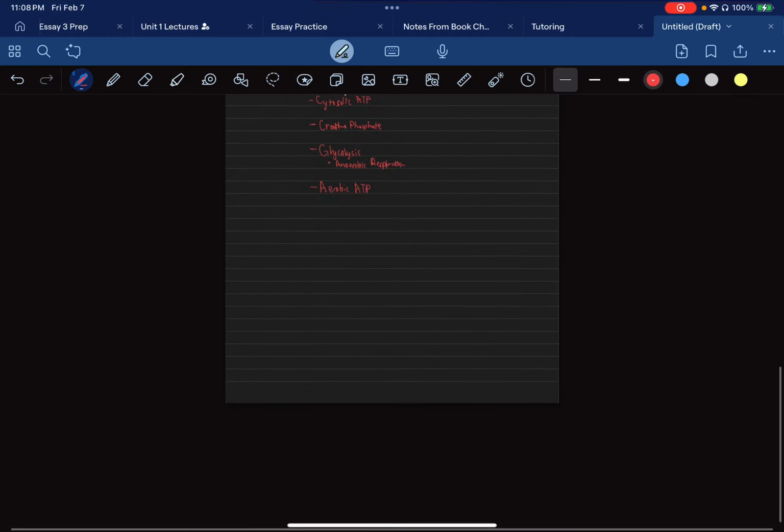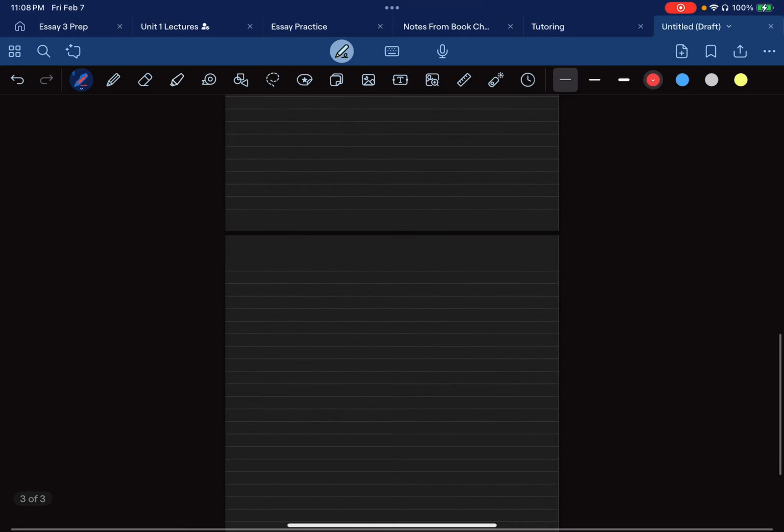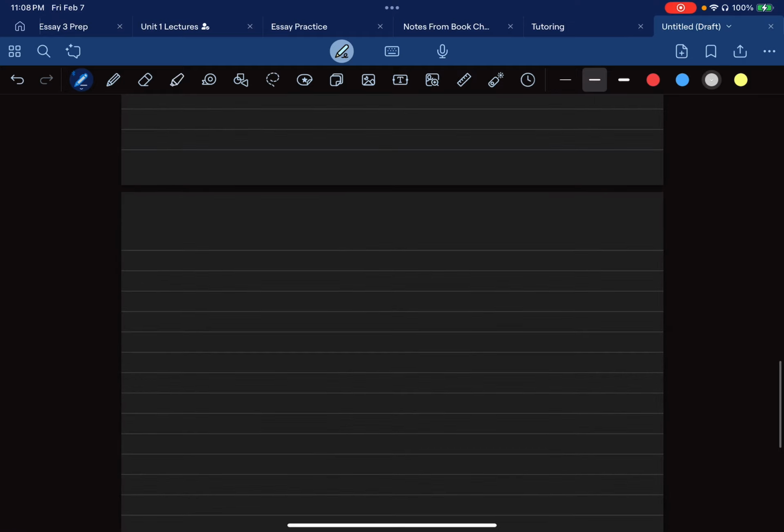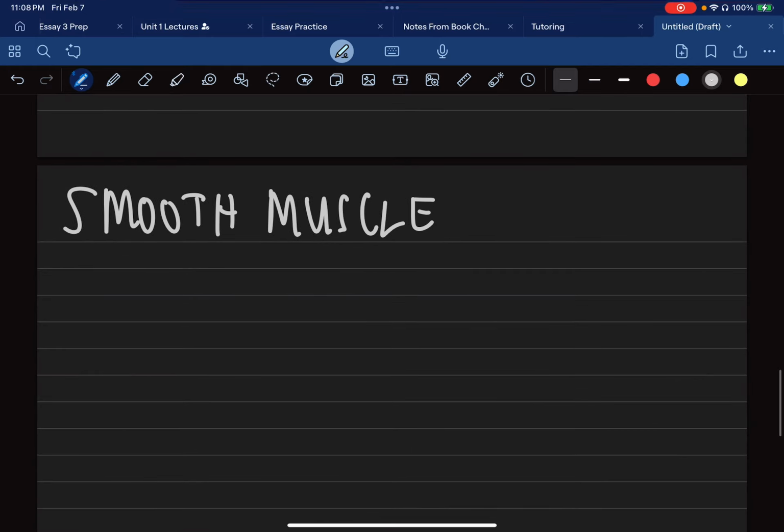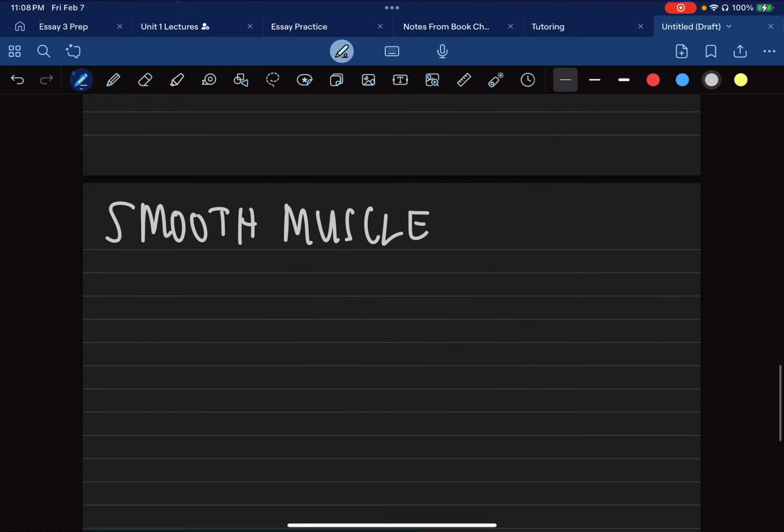Now, when it comes to smooth muscle, there's some similarities and some differences. So the smooth muscle is also going to have those sarcomeres. There's actually two different types of smooth muscle that we want to talk about. The first one is called single unit smooth muscle.